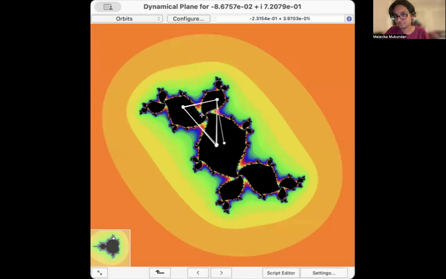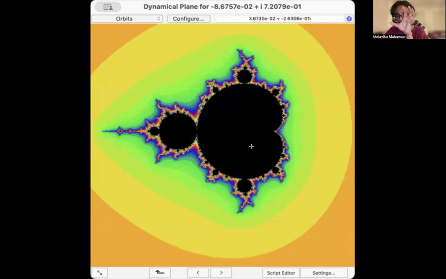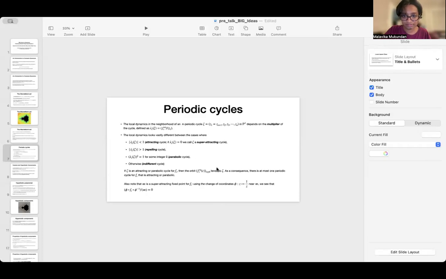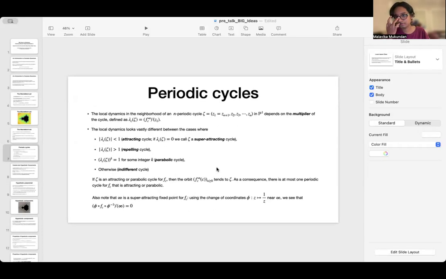The same thing is also true for parabolic cycles. It's just that a parabolic cycle doesn't attract everything around it, whereas an attracting cycle does, but that distinction requires more detail to spell out. I just said that any attracting or parabolic cycle attracts the critical orbit.